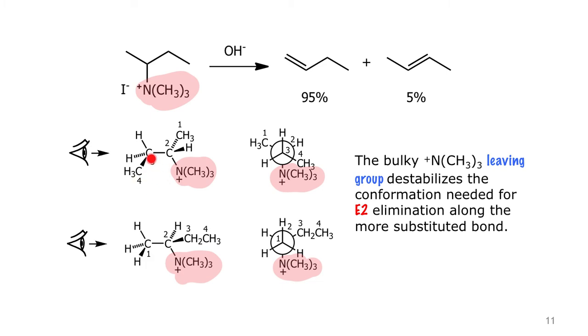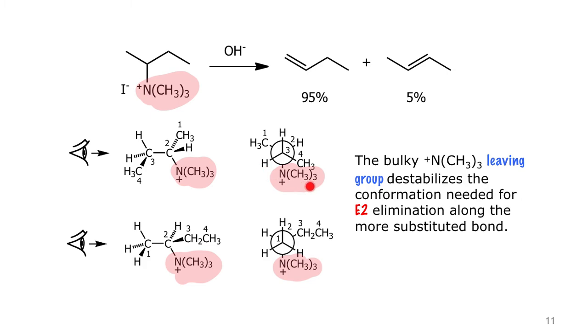First, let's look at the conformation that the molecule has to adopt in order for elimination to occur to give the Zaitsev product. And what we have is our leaving group in the form of this trimethylammonium group. We have the methylene group here at carbon number 3 and one of the two hydrogens. And we have an orientation where the hydrogen is anti to the leaving group.